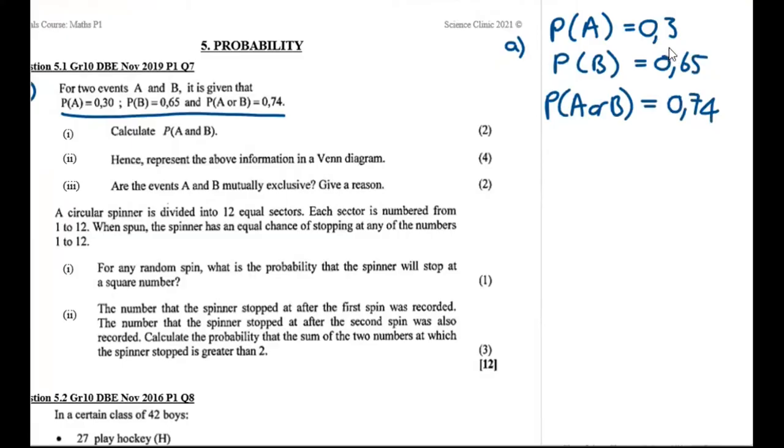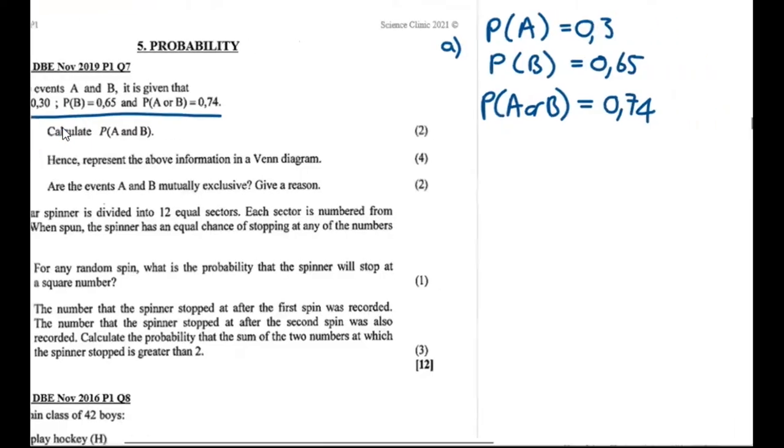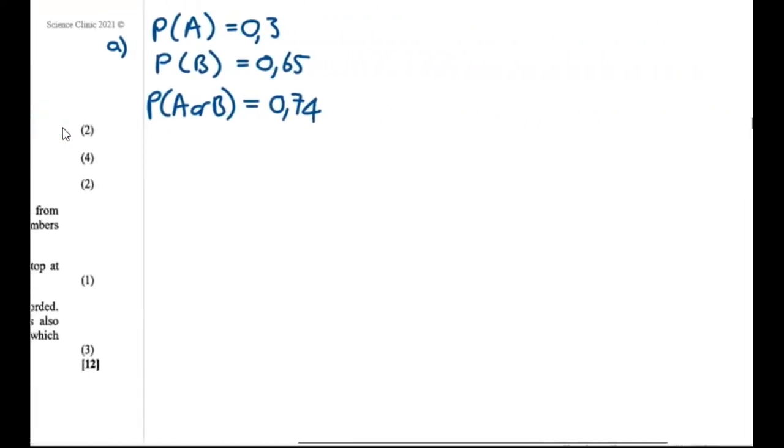This is very theoretical, making sure you understand stuff, which is kind of a hint that you're going to use your formulae. Okay, so that's what they've given you, and they've said calculate the probability of A and B. Okay, so number 1, they want the probability of A and B.